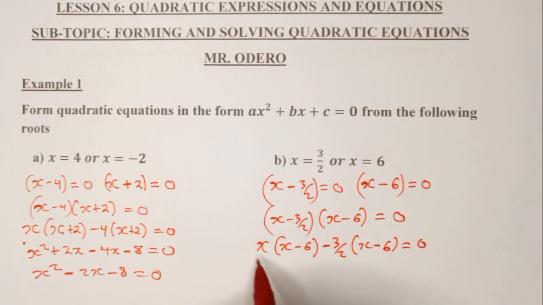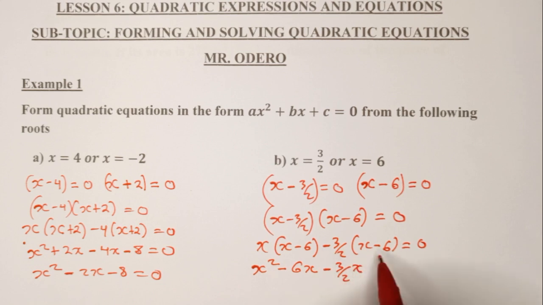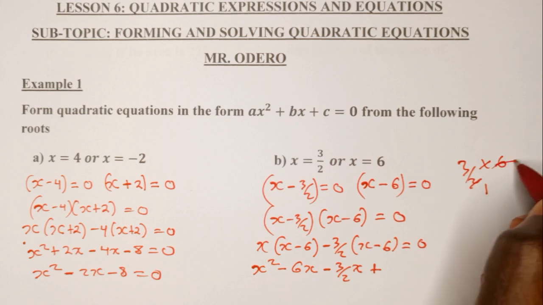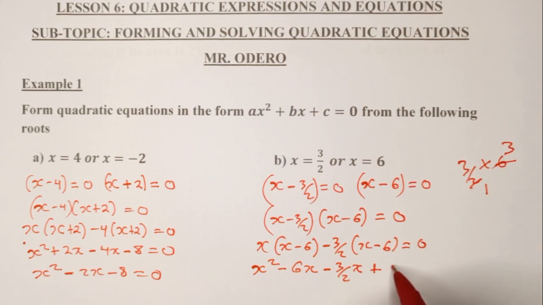So if you open the bracket, this will be x squared minus 6x, then negative 3 over 2 times x will be negative 3 over 2x. Then if you multiply this one, it will be minus times minus, so this one will be 9. If you take 3 over 2 times 6, by 2 1, by 2 3, so this one will give you positive 9 equals 0.